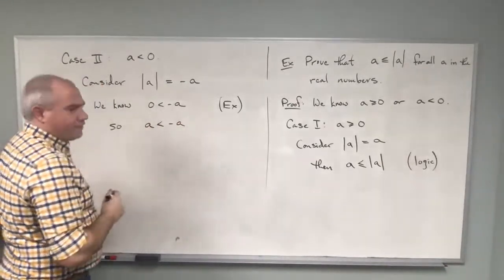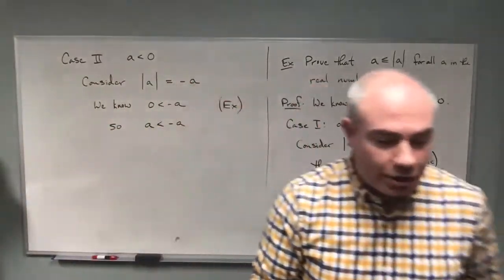So that means that A is strictly less than negative A. And what is our justification? I believe it's A1, but let me look. Yep, A1.